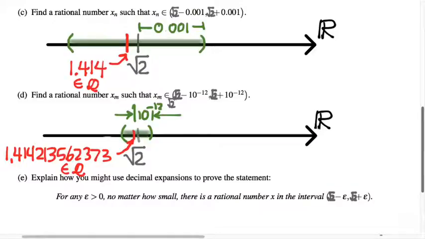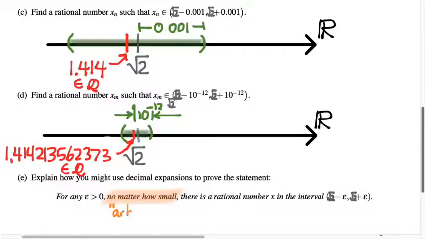So with those two examples, what was your inspiration in part E? How did you justify to yourself that for any value of epsilon, everybody say the word epsilon. Please don't call it E. Epsilon is our friend and constant companion in real analysis. For any epsilon greater than 0, no matter how small, by the way, every time we write the letter epsilon, usually it comes with this connotation, no matter how small, we're going to use epsilon this semester to represent quantities which can be made arbitrarily small.